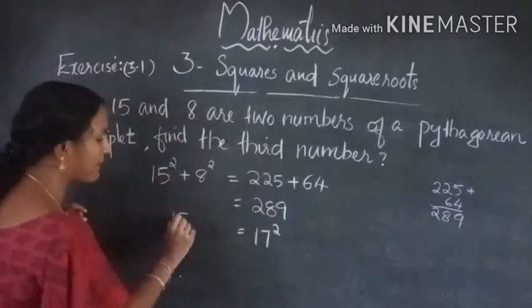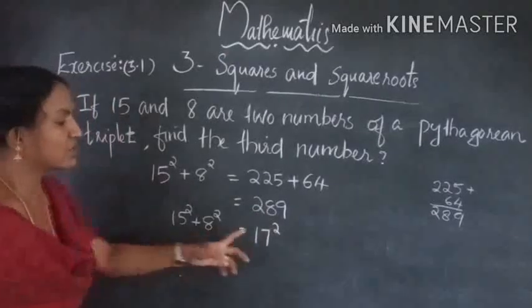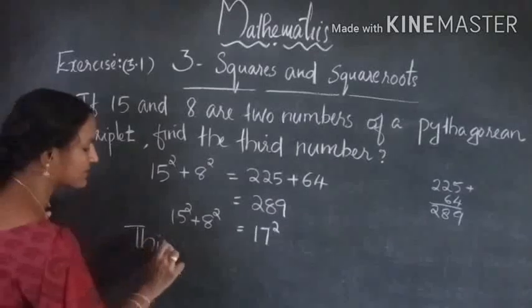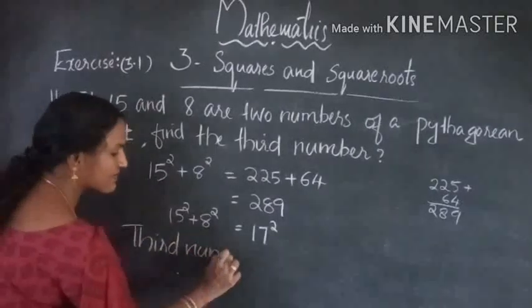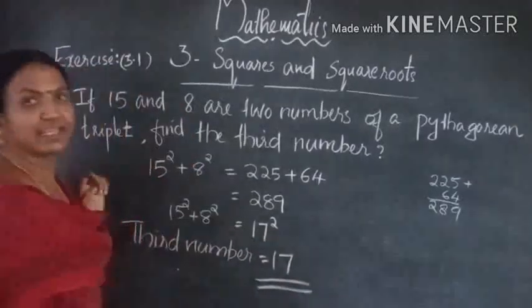So 15 square plus 8 square is equal to 17 square. So 17 is the third number.